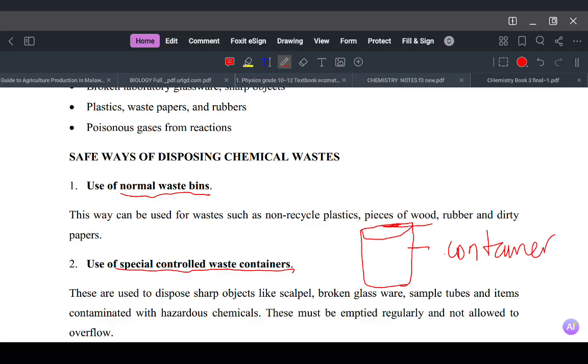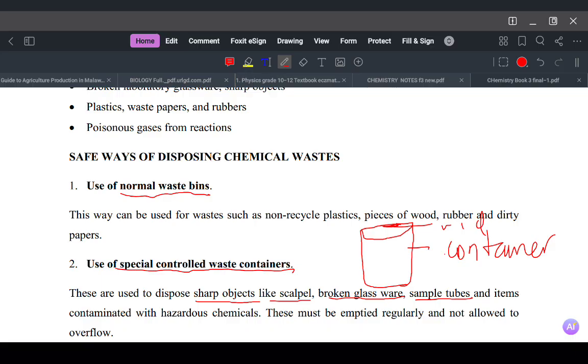These are called special controlled waste bins or waste containers. These can be used to dispose of sharp objects such as scalpels, needles, and anything that is sharp. Even broken glassware can also be thrown into it. Sample tubes: let's say you used some tubes to collect a biological sample or specimen.